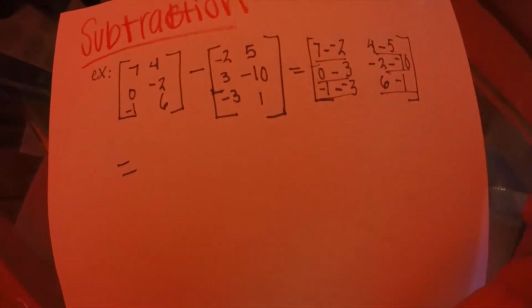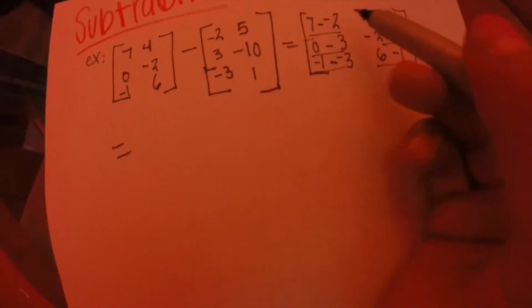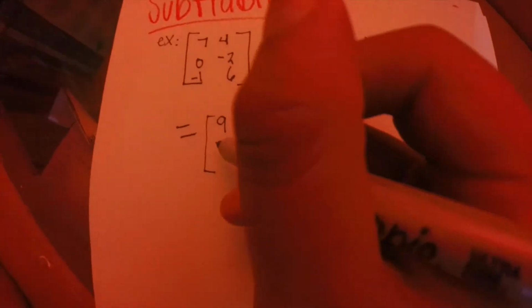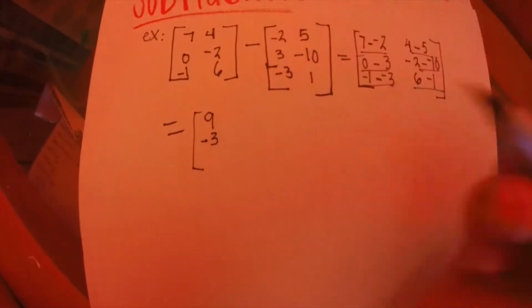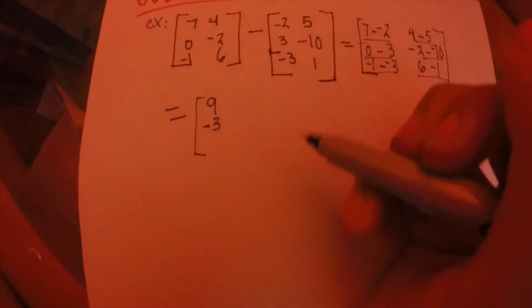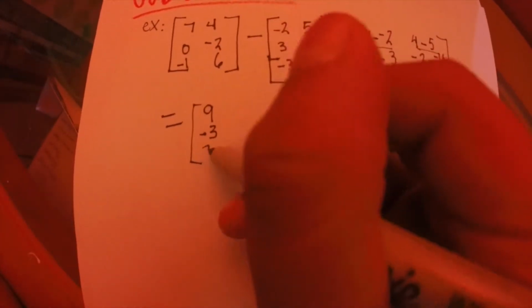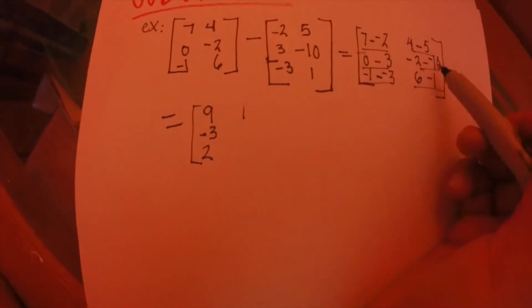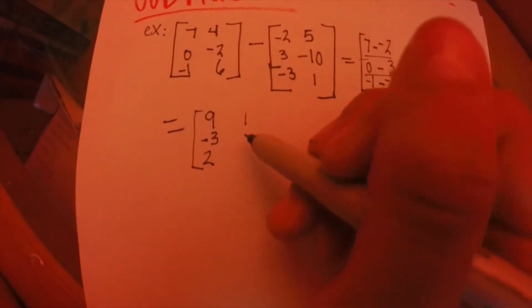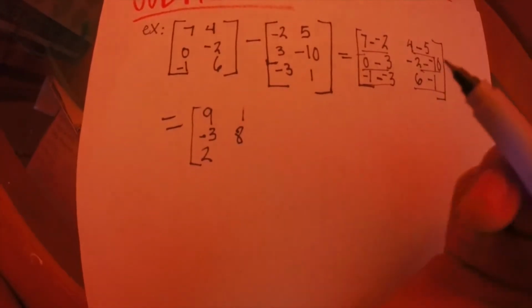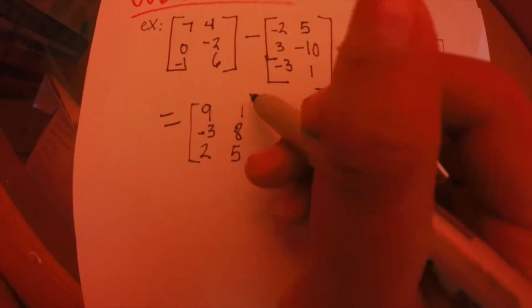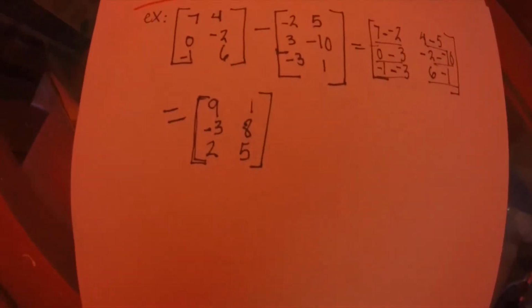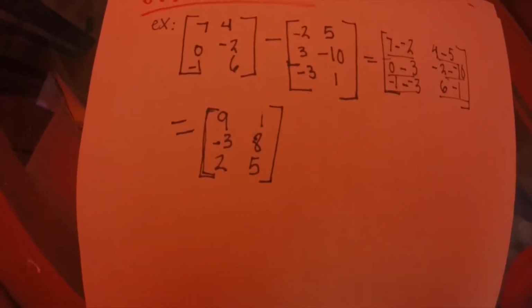Therefore, your ending matrix would be 7 minus -2, which is 9, 0 minus 3, which is -3, -1 minus -3, which is 2, 4 minus 5, which is 1, -2 minus -10, which is 8, and 6 minus 1, which is 5. And that would be your correct ending matrix.